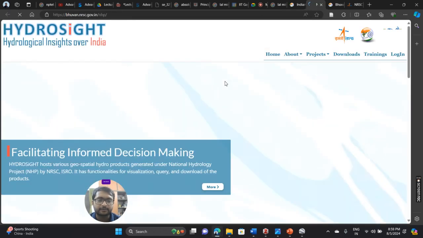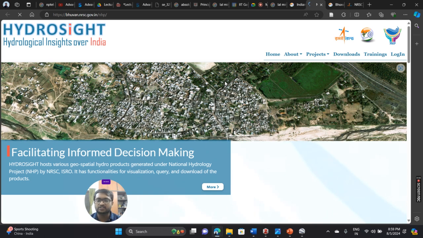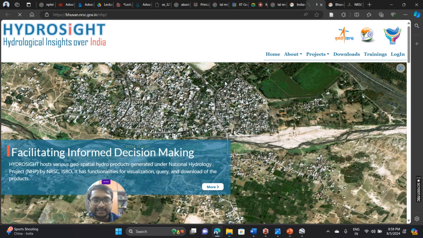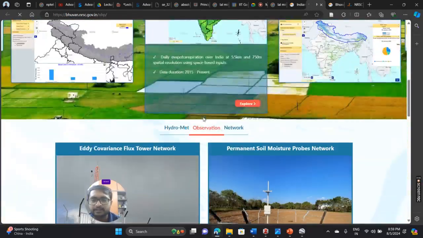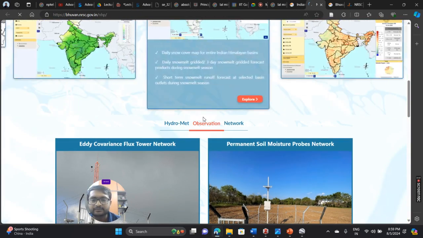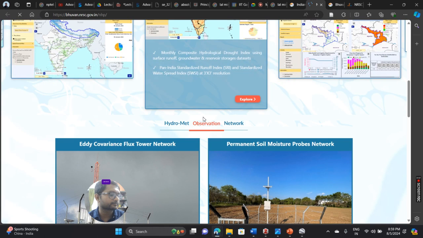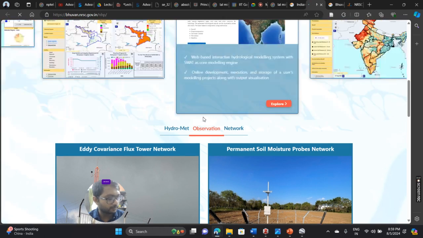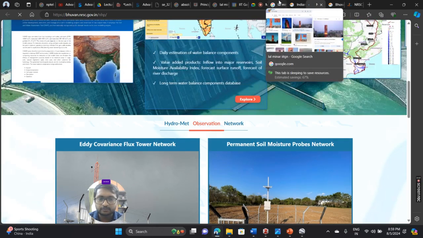It will open up any portal which is generated using these data sets. So whatever you are interested in working on, you can click on that and you can see what different things are available in that. So that's it for these data sets.